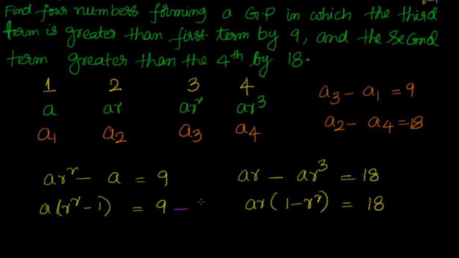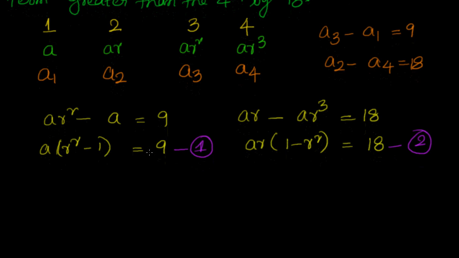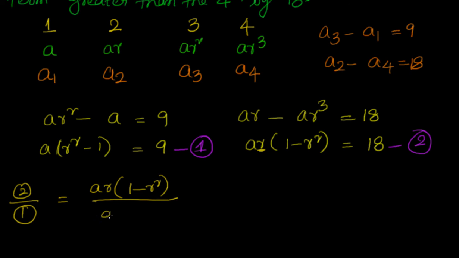Now let this be your first equation and let this be your second equation. We see very clearly that if I divide 2 by 1, I will cancel out R square minus 1. I will also cancel out A. I can directly find out the value of R. That's very interesting. So I will do 2 by 1 and see what happens. 2 by 1 is nothing but AR into 1 minus R square divided by A into R square minus 1.